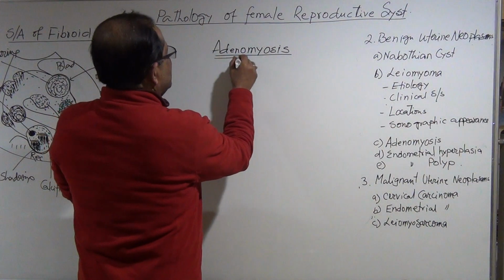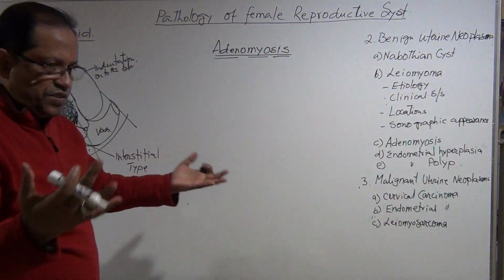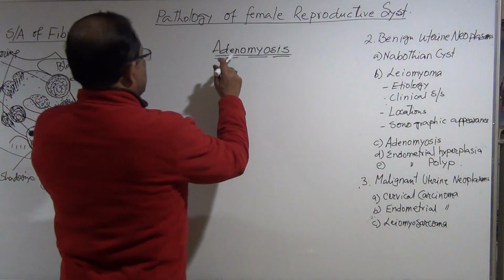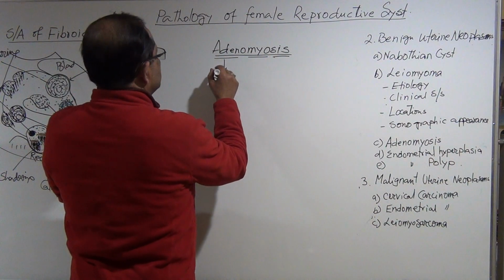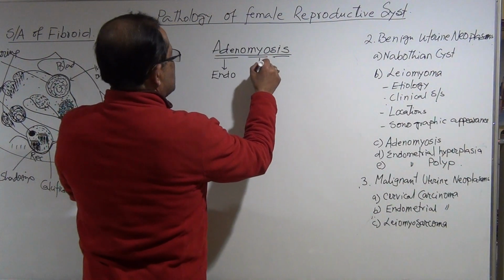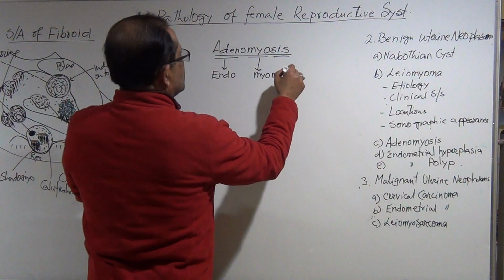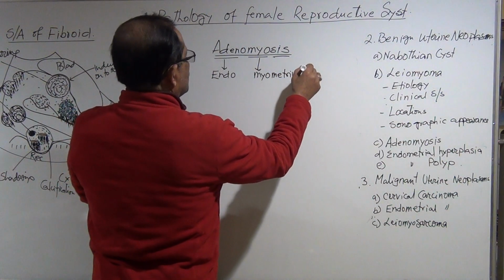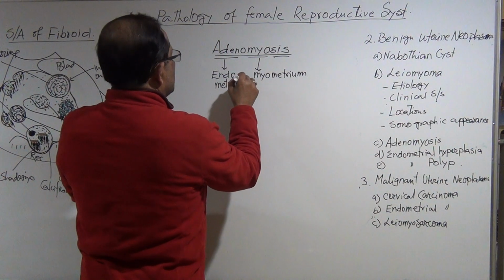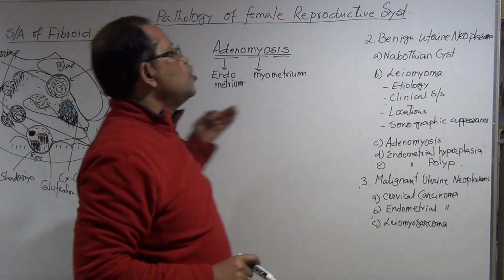Adeno means gland, myo means muscle, and the osis means process of growing. So adeno in the uterus, adeno means endometrium. Myo is myometrium. That means growth of endometrium through myometrium.